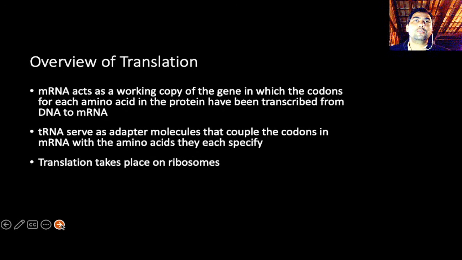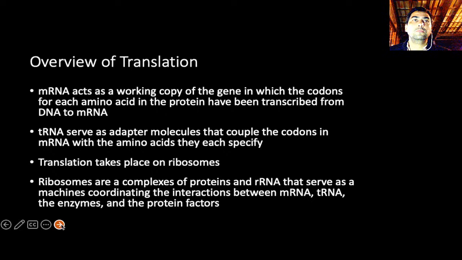Translation takes place on ribosomes. Ribosomes are complexes of protein and ribosomal RNA, or rRNA, that serve as machines coordinating the interactions between messenger RNA, transfer RNA, enzymes, and protein factors.